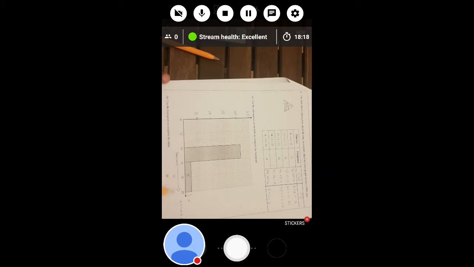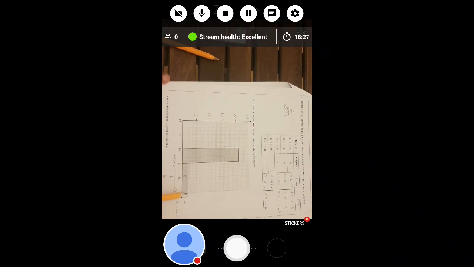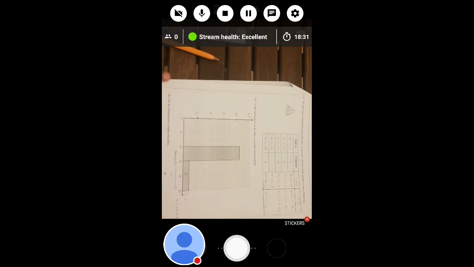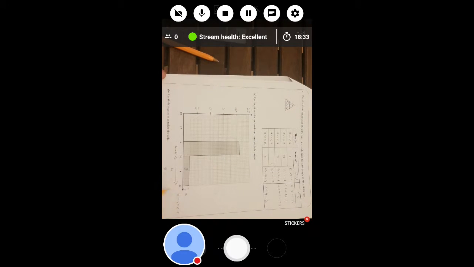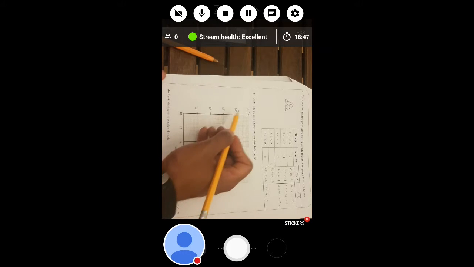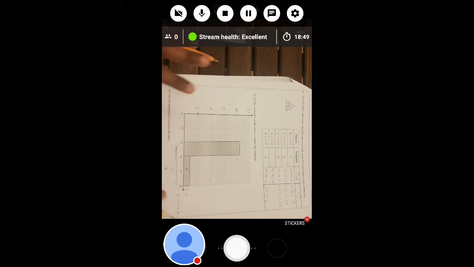The class width is 4, because 20 minus 16 is 4. We know 4 squares up is 2, so I've done 2 divided by 4, which is 0.5. So each little square is 0.5. Then 10 squares up, 0.5 times 10 is 5. Another 10 squares up will be another 5. 5 plus 5 is 10, plus 5 is 15, plus 5 is 20 and 25. That's how I got that.